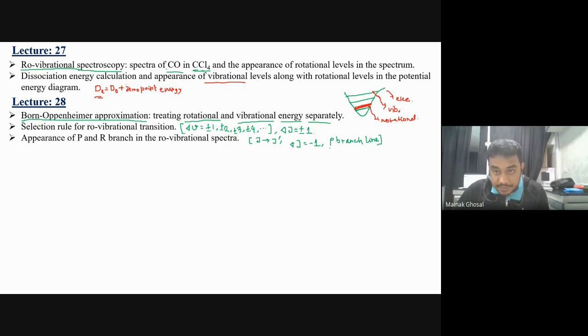And if delta J equals plus 1, then you will get an R branch line. So we can see here that there is an appearance of P and R branches in the rotational vibrational spectrum.